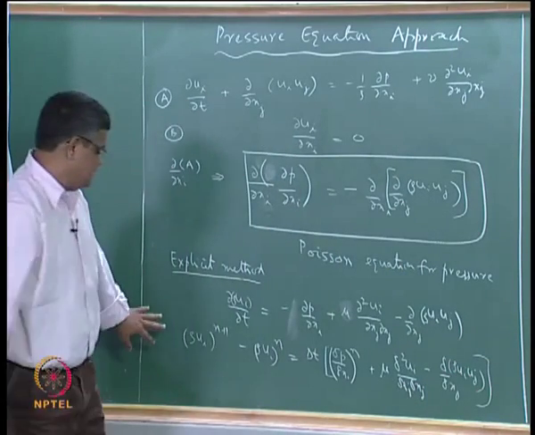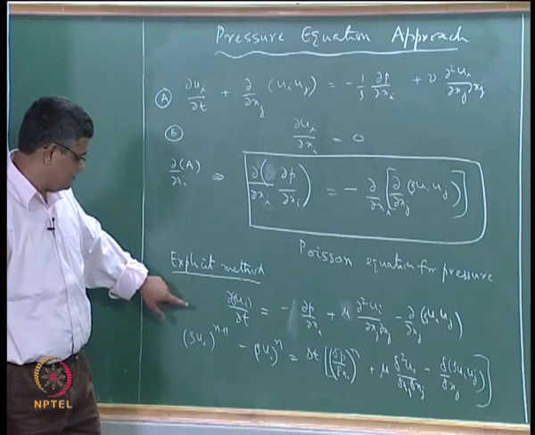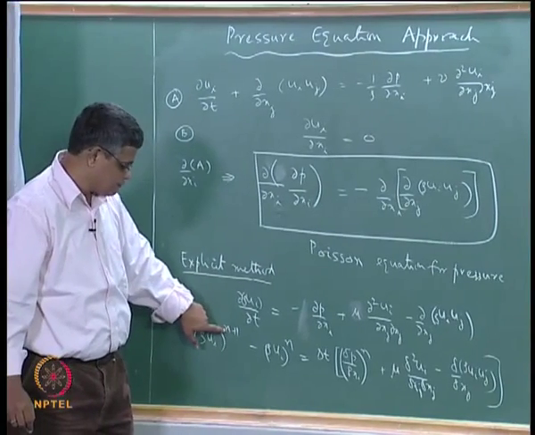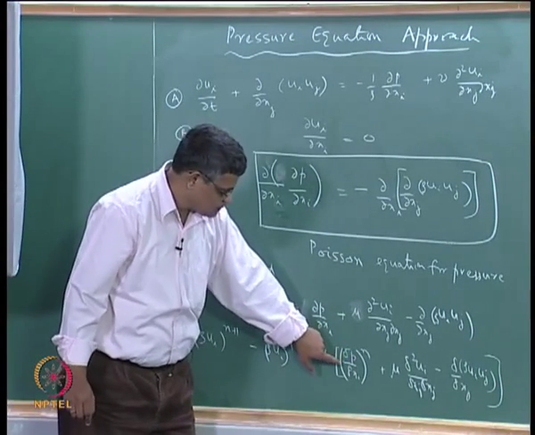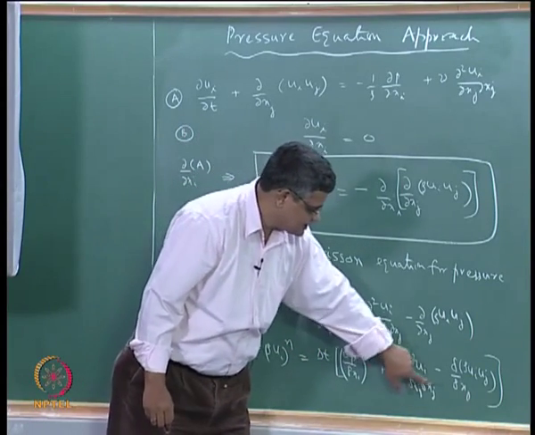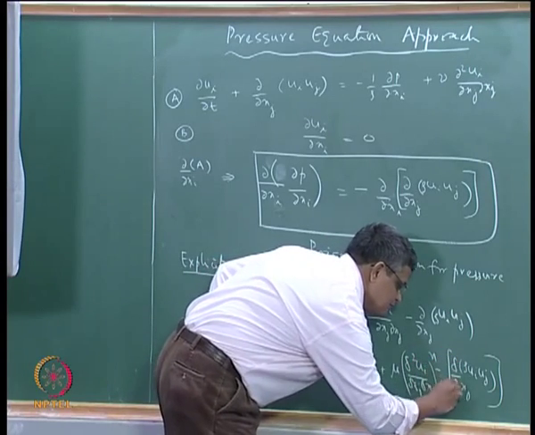Okay. So, this is a discretization in an explicit way of the momentum equation, so that we can get rho ui at n plus 1 from known values of the pressure gradient at the nth time step, and the discretization of this all evaluated at nth time step.